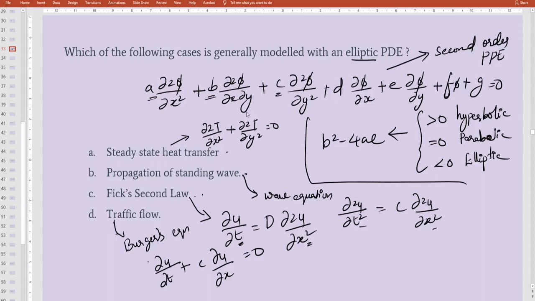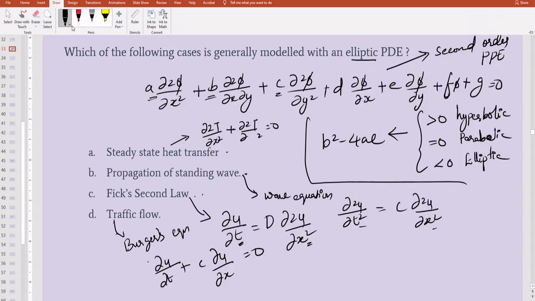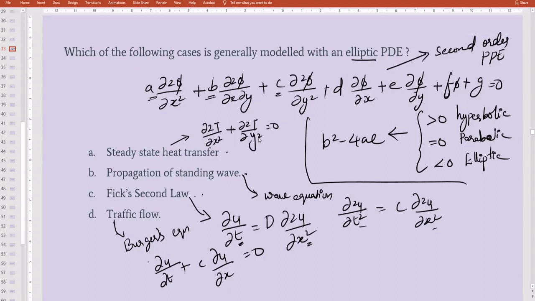If you have noticed, to get b² minus 4ac less than 0, our only condition is this one, that is ∂²T/∂x² plus ∂²T/∂y².